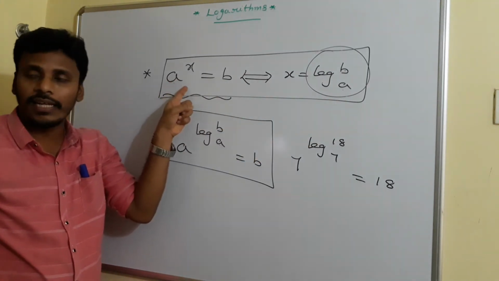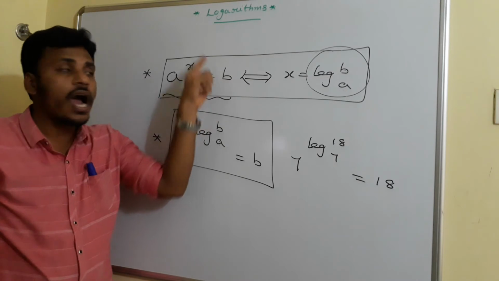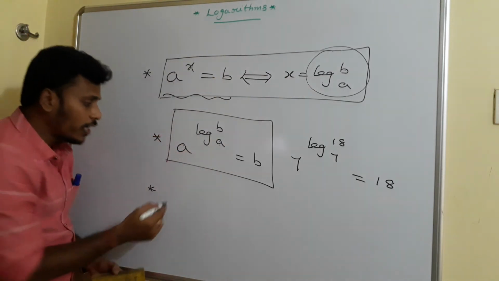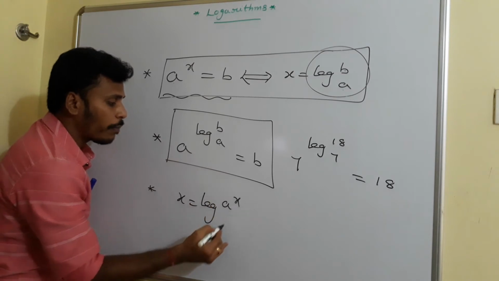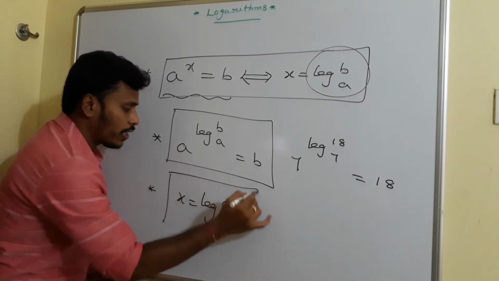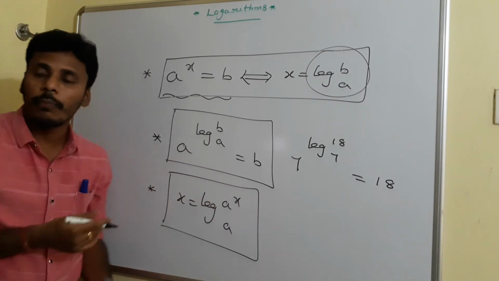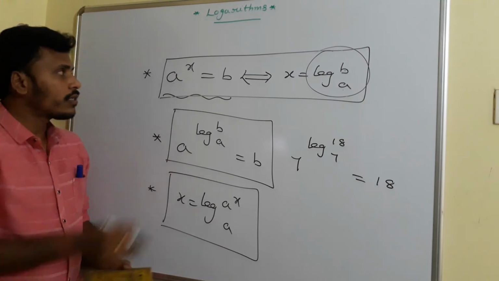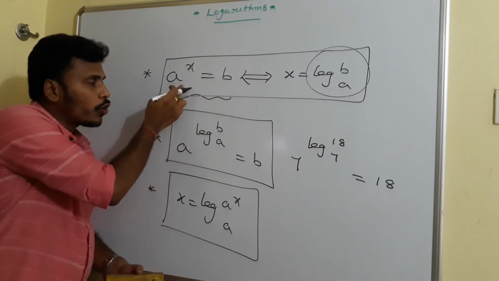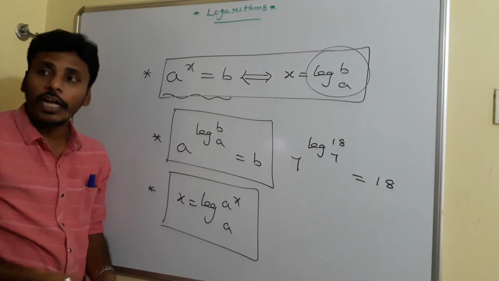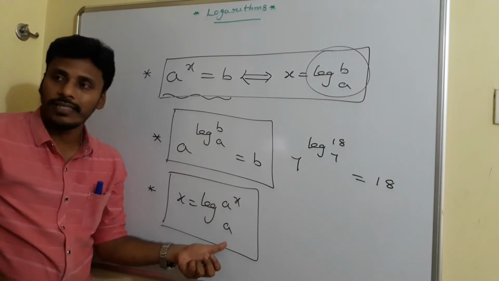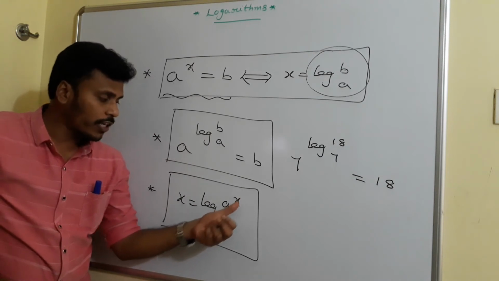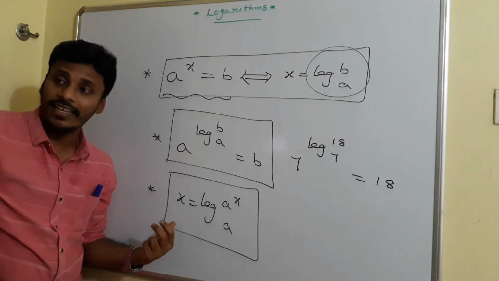You take that a to the power x in the place of b and replace it in this part, and you get x is equal to logarithm of a to the power x base a. A very wonderful thing, helpful for many situations, right? So logarithm of a to the power x to the base a is directly x.